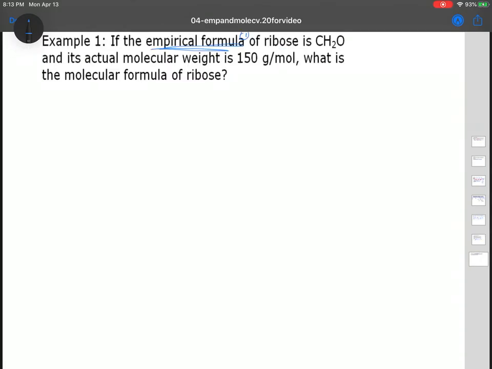So if you look at the example here, the empirical formula, there's our first piece of required information. So there's ribose again, which we just talked about, and its actual molecular weight. So there's the second one. Okay, so we're going to compare the actual molecular weight to the empirical molecular weight and see how much bigger it is.